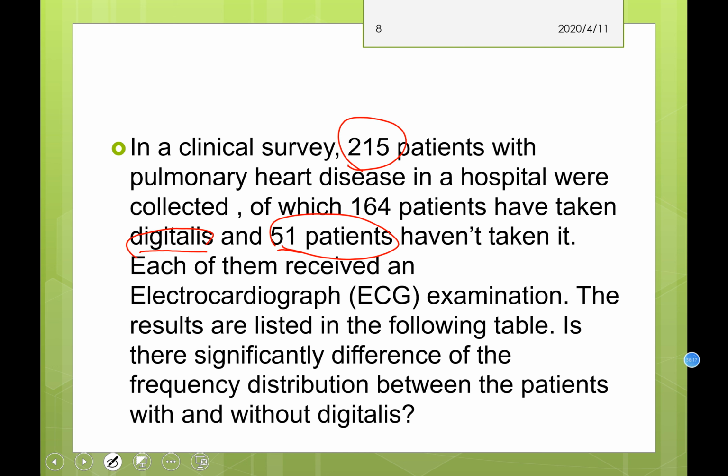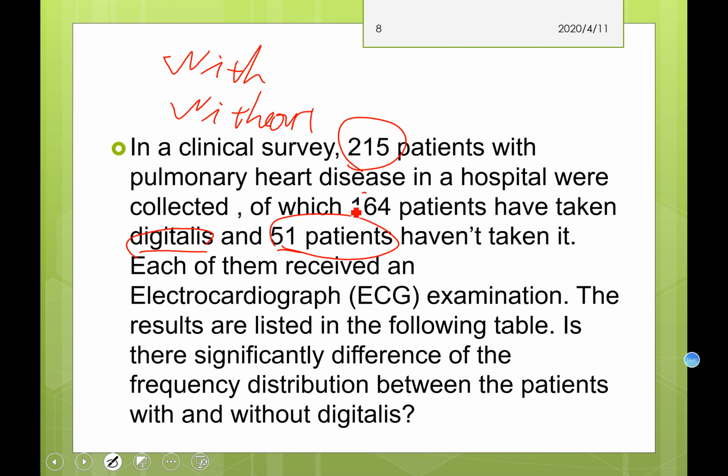So here we can know that actually in this contingency table there should be two rows, because we can find that there are two groups. So we can list it here with the drug and without the drug. That means they don't take the medicine.